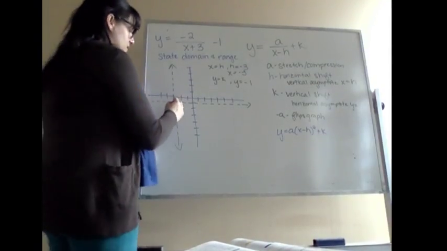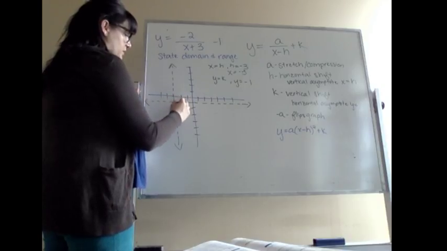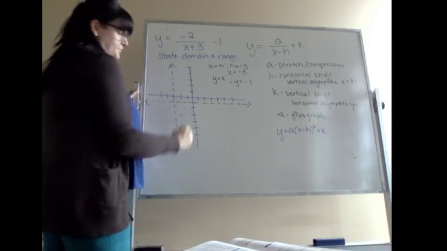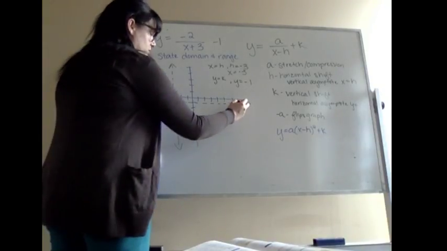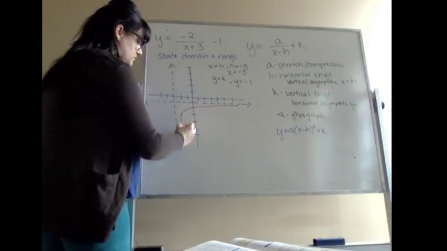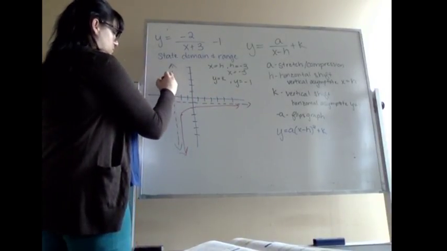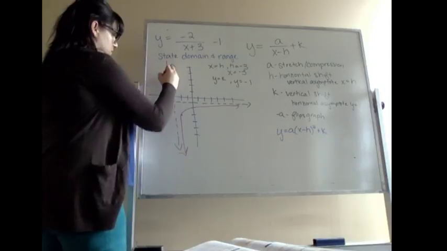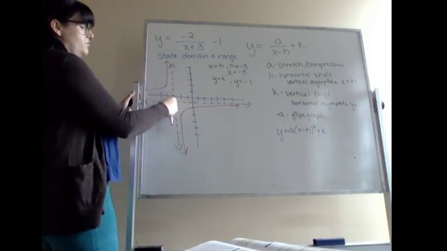So instead of it being 1, 1 away from here, now it's going to be 1, 2 away. Does that make sense? So then you just have to do this. 1, 2. So that 2 results in it being farther away.